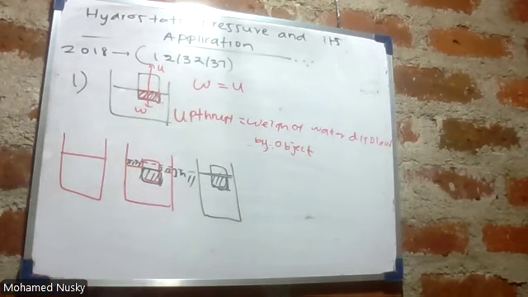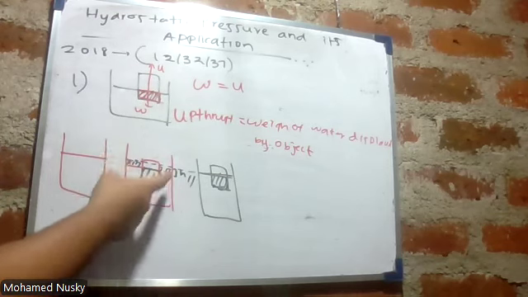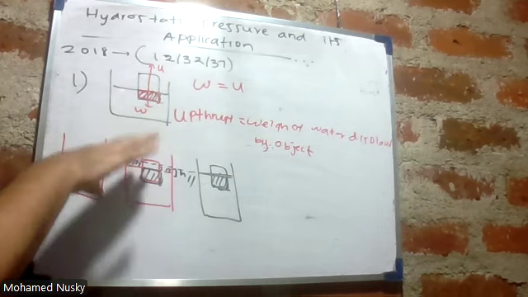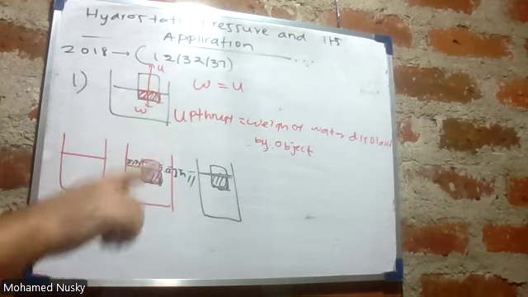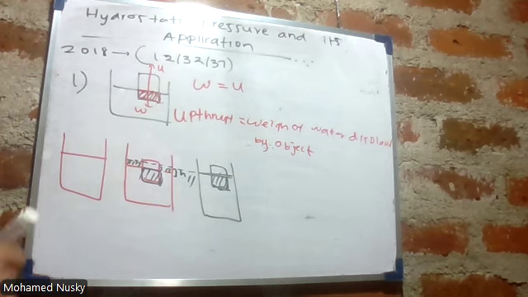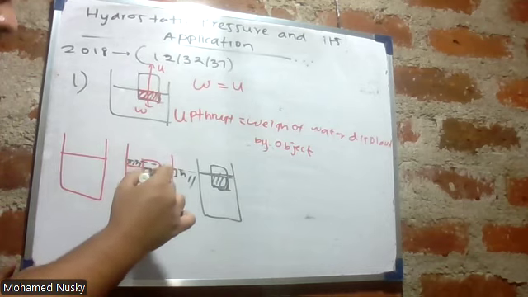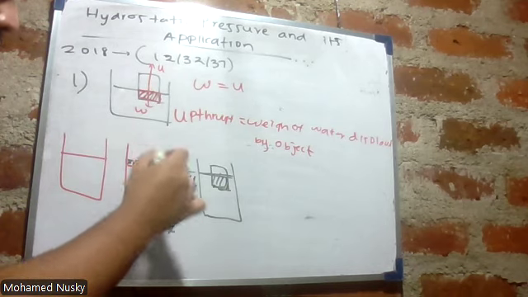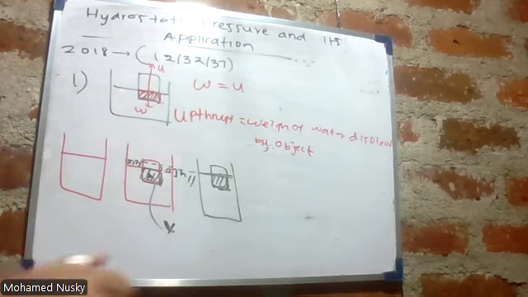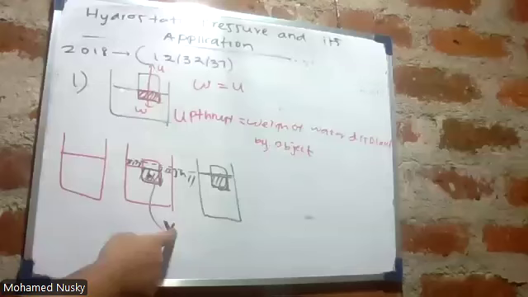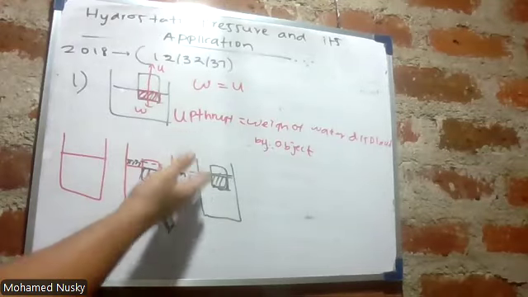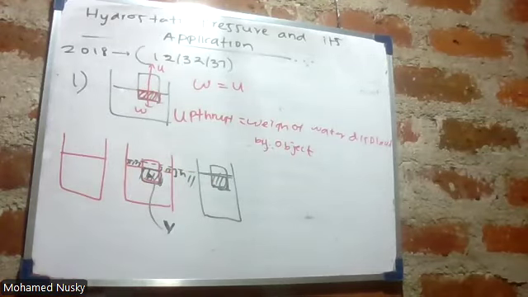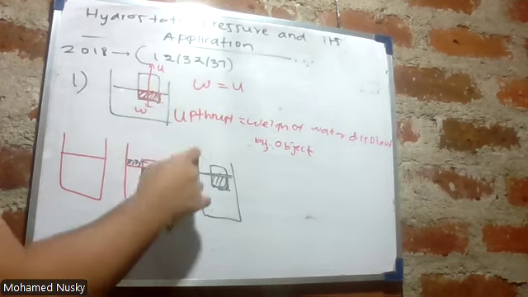Now let me take the volume V of the wood that is dipped into the water. V is the volume of the wood that is immersed into the water. That same volume V will be raised.